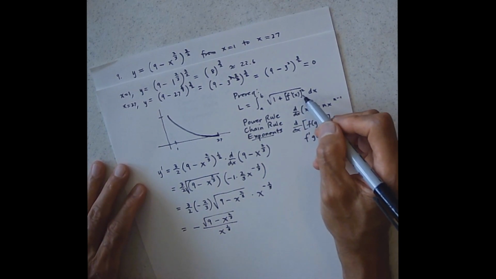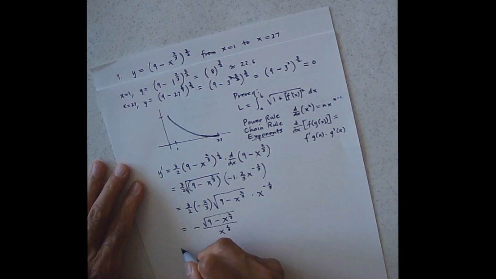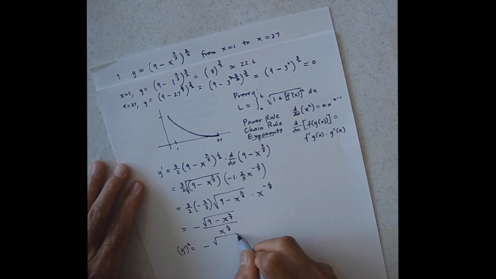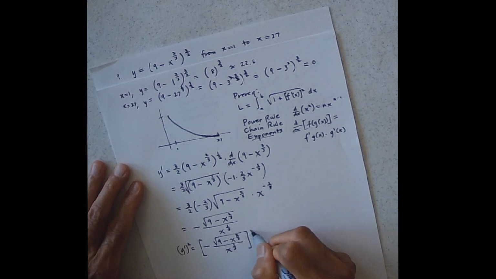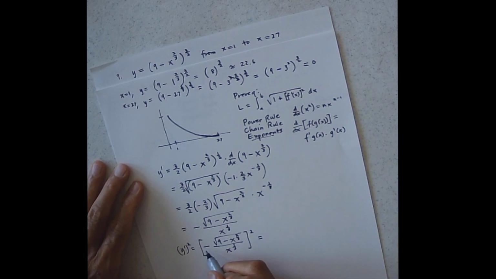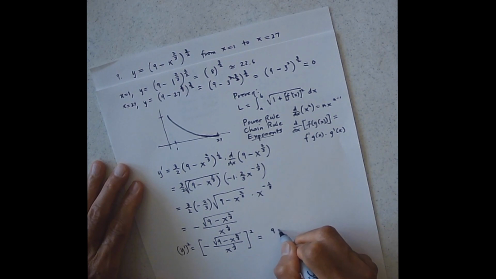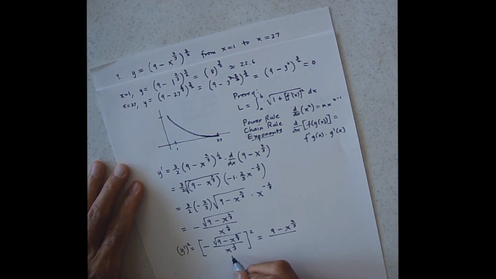Now we will need to square that. So that's going to be the square of the square root of 9 minus x to the 2/3 over x to the 1/3, the whole thing squared. So negative times negative is positive. The square root will go away, leaving 9 minus x to the 2/3 over x to the 2/3, since x to the 1/3 times x to the 1/3 is x to the 2/3.